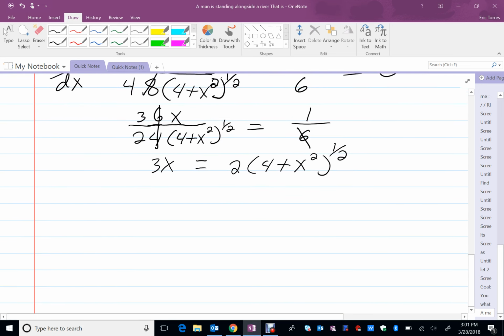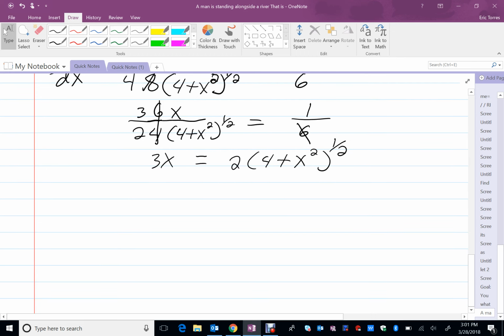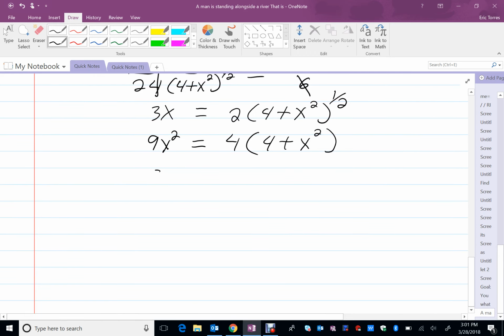Now, I'm going to square both sides to get rid of my 1/2. When I square both sides, I get 9x squared equals 2 squared is 4. The square root of this squared just gives me that. I'm going to simplify with the distributive property.